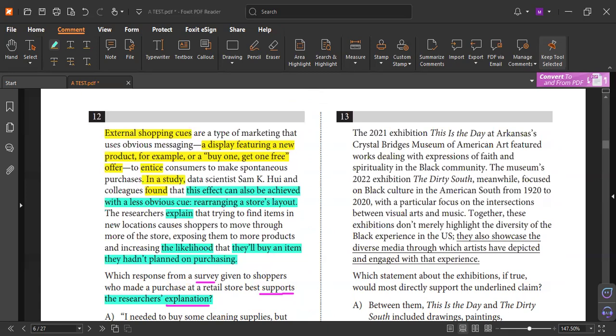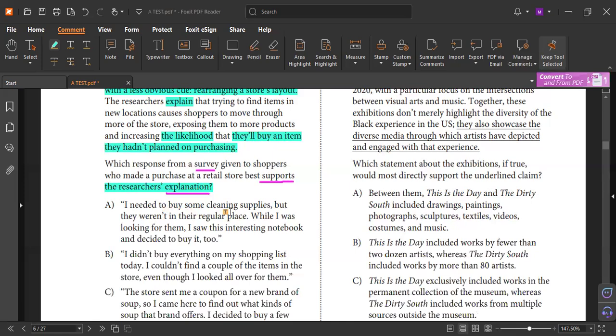Now let's read. I need to buy some cleaning supplies, but they were not in their regular place. So what am I going to do? I'm going to search for them, you see, to move through more of the store. While I was looking for them, looks like the explanation, I saw this interesting notebook and decided to buy it.